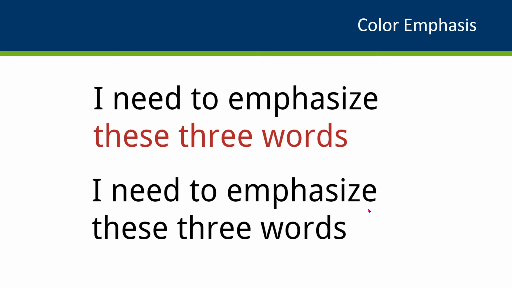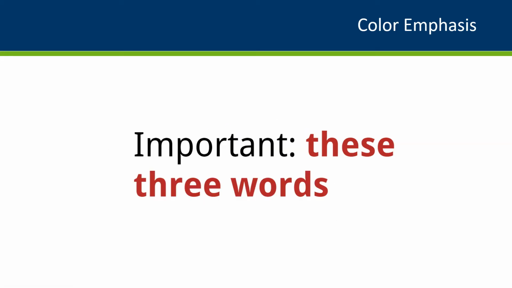What you do instead is use color plus something like boldface. In this example, you have "Important:" and these three words are in bold and red. So if the user is colorblind, they will at least see "important" and that it's in bold.